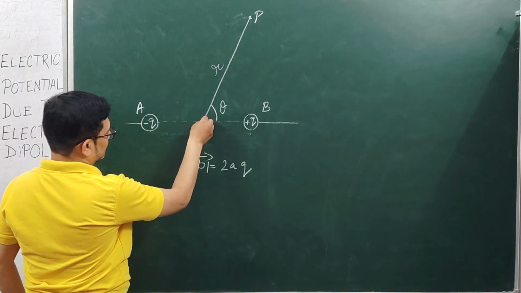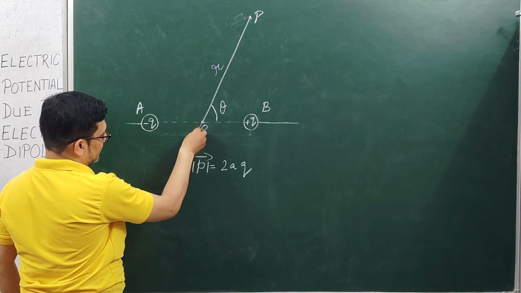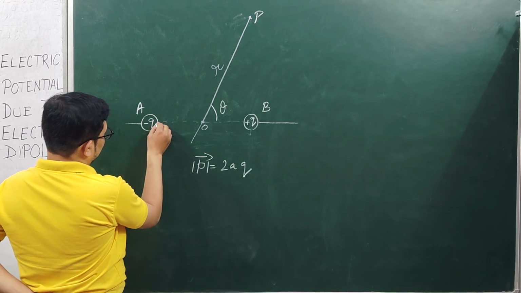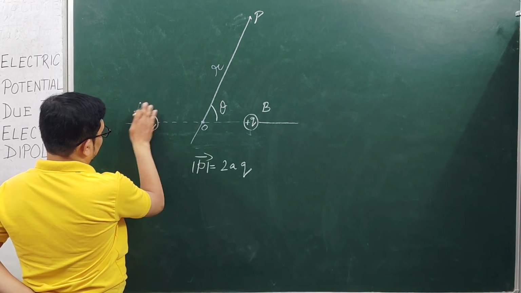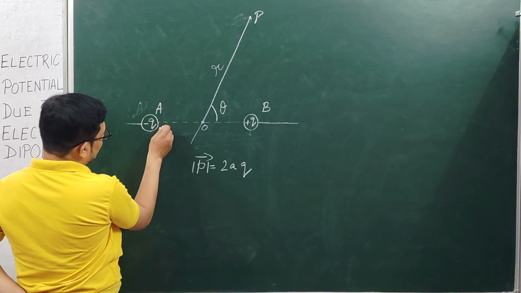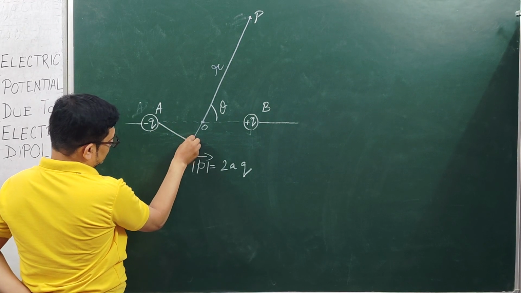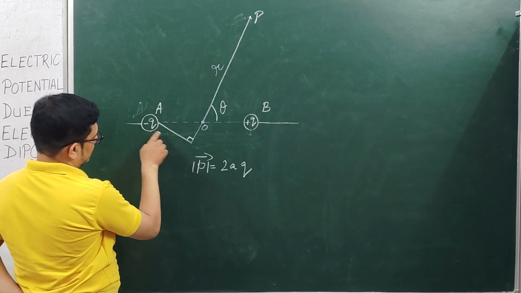Suppose I make a construction and I extend this line somewhere here, and from point A I drop a perpendicular on this line after projecting it backwards.